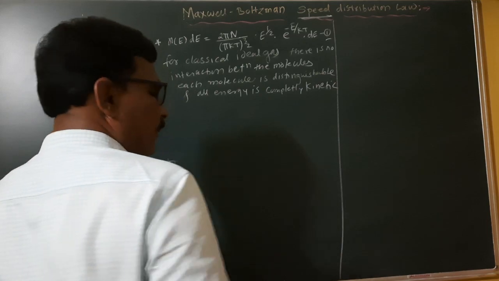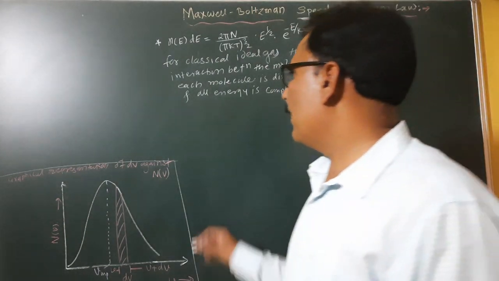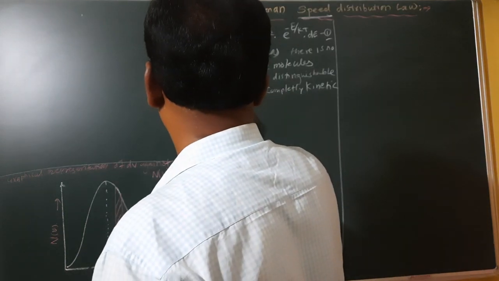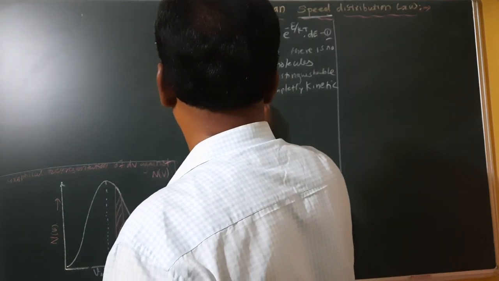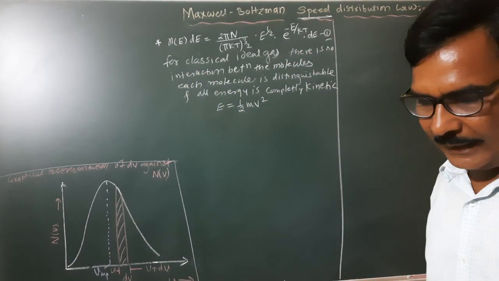What is the kinetic energy? The kinetic energy of the particle is E = ½mv².